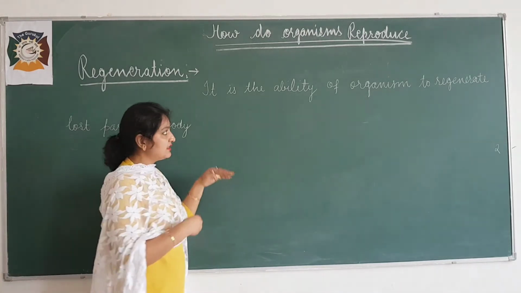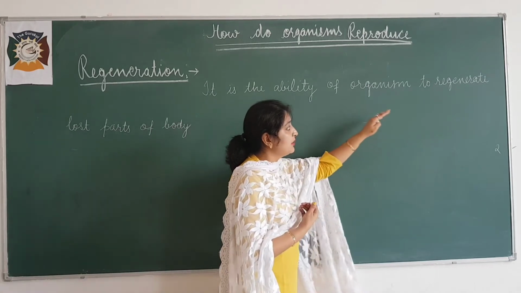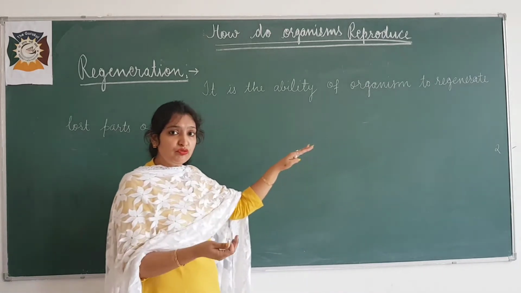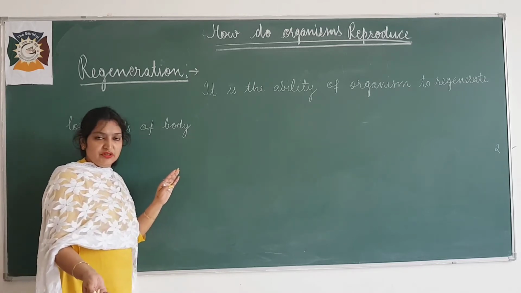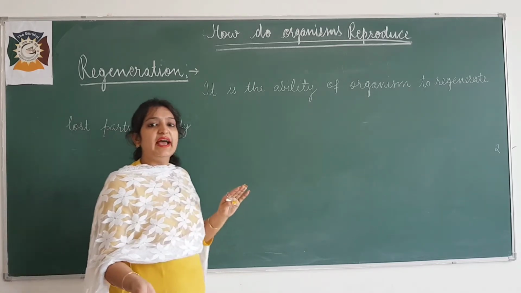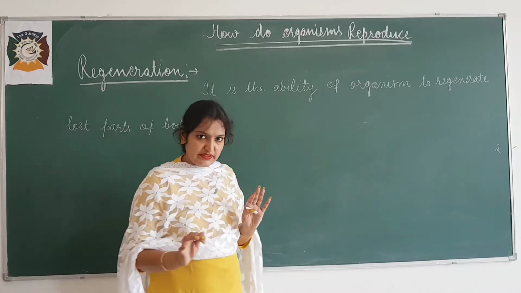Is it clear, beta? इस तरह से भी लिख सकते हैं. It is the ability of organism to form the body parts which have been removed as by injury. Is it clear, beta?